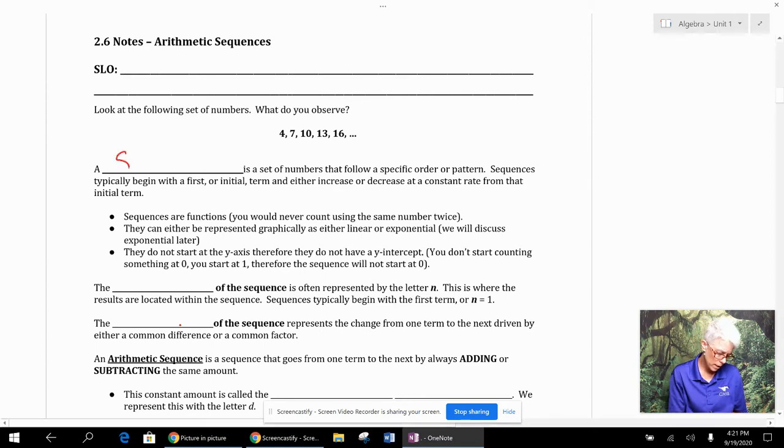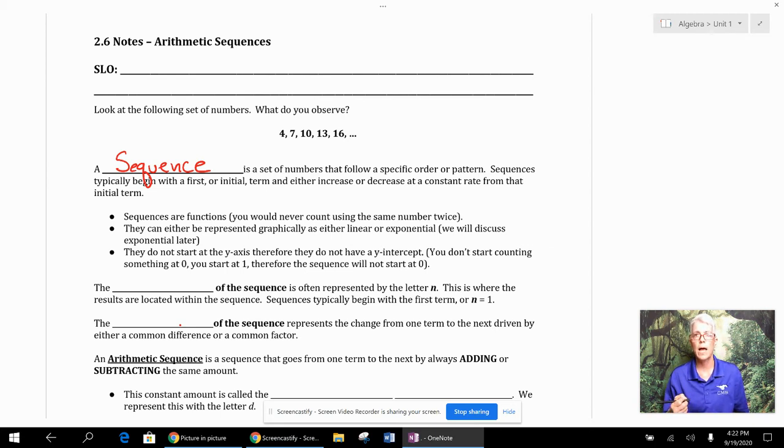A sequence is a set of numbers that follows a specific order or pattern, like the one before. Sequences typically begin with the first or an initial term and either increase or decrease at a constant rate from that initial term. Sequences are functions.